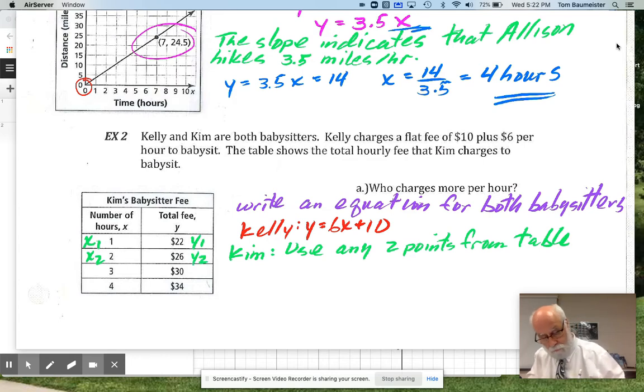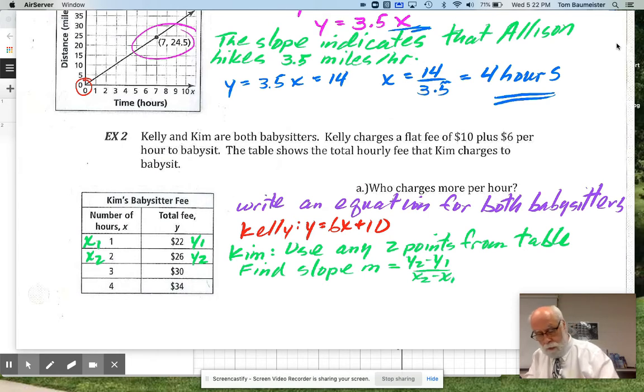So again, first we're going to find the slope m. And again, m is y2 minus y1 over x2 minus x1. So our y2 is 26 minus 22 over our x2 is 2 minus 1. So for this one here, it's going to be 4.